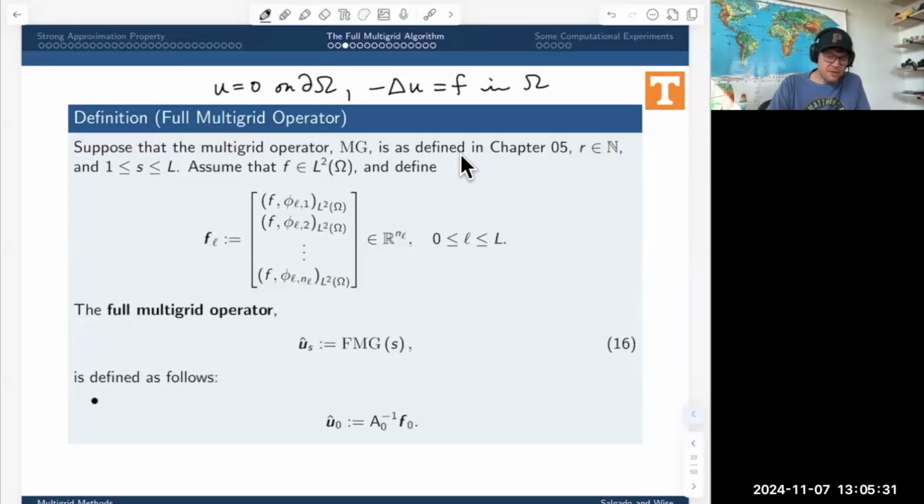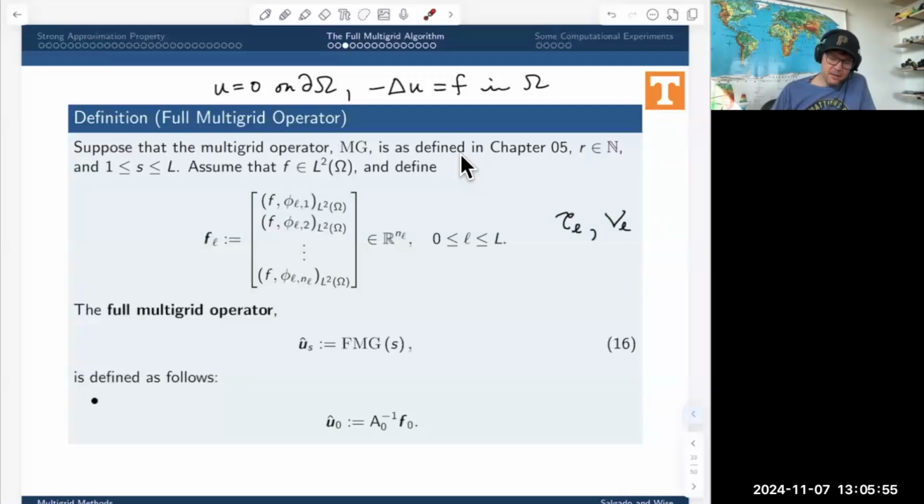So that's the problem, and this is the f that I'm talking about, this given forcing function. If I'm given a forcing function and I have this hierarchy of meshes that I have defined for myself, remember the meshes are tau_L, and the finite element spaces subordinate to that are V_L.